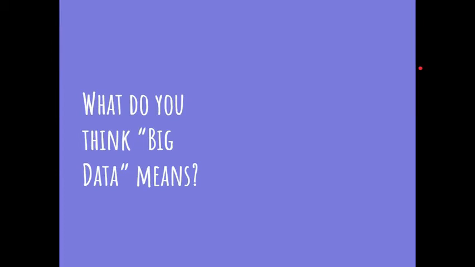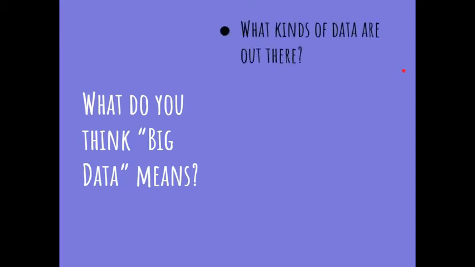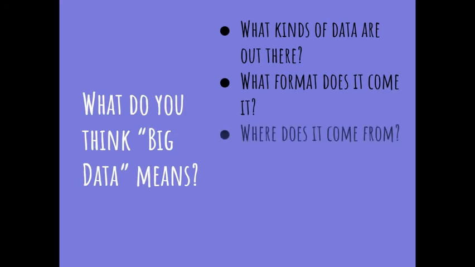All right, so what do you think? What do you think big data means now? So think about these questions. I wish we were together to talk about this, but in any case, just try to keep this in mind. Think about questions like what kinds of data are out there, especially based on what you found. What format does it come in? How do you see the data? Where does it come from? What's the original source?